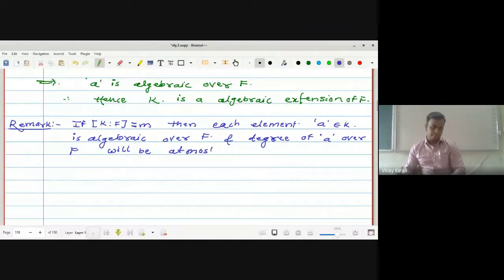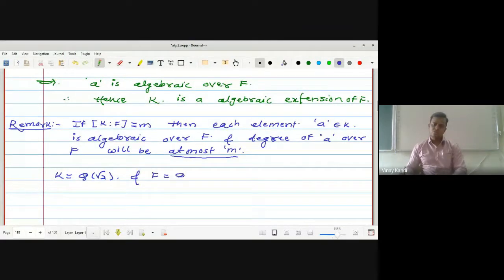Okay, understand: if the degree of K over F is equal to m, then each element A belonging to K is algebraic over F, and the degree of A over F will be at most m, meaning not more than m. For example, look at it. K is equal to Q(root 2), and if F is equal to Q, what is the degree of this one?